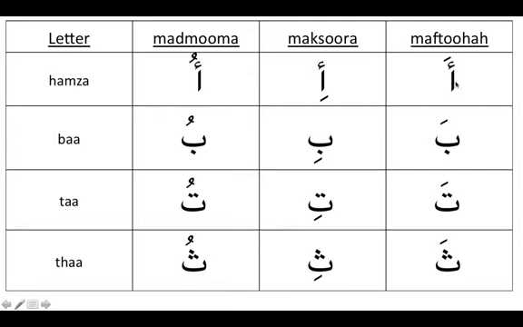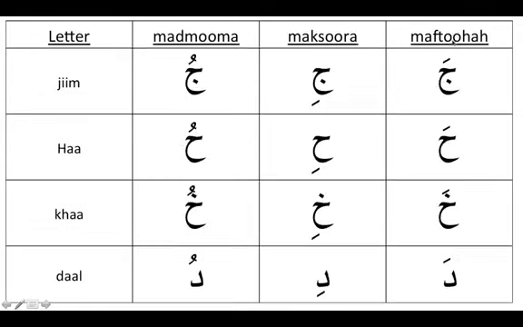Just like we did in the previous lesson, I'll do one letter to show how the letter is done. This is the ba row, and this is the maftuha column. We say ba maftuha ba, ba maksura bi, ba madmuma bu, ba bi bu.